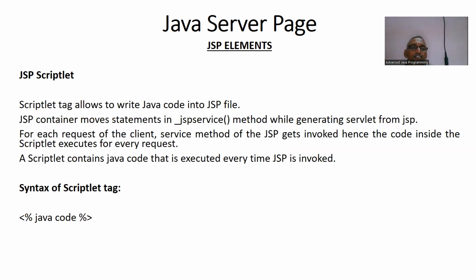For each request of any client, the service method of JSP gets invoked, hence the code inside the scriptlet executes for every request. A scriptlet contains Java code that is executed every time the JSP is invoked. Syntax of the tag: less than percent, Java code, close the tag.